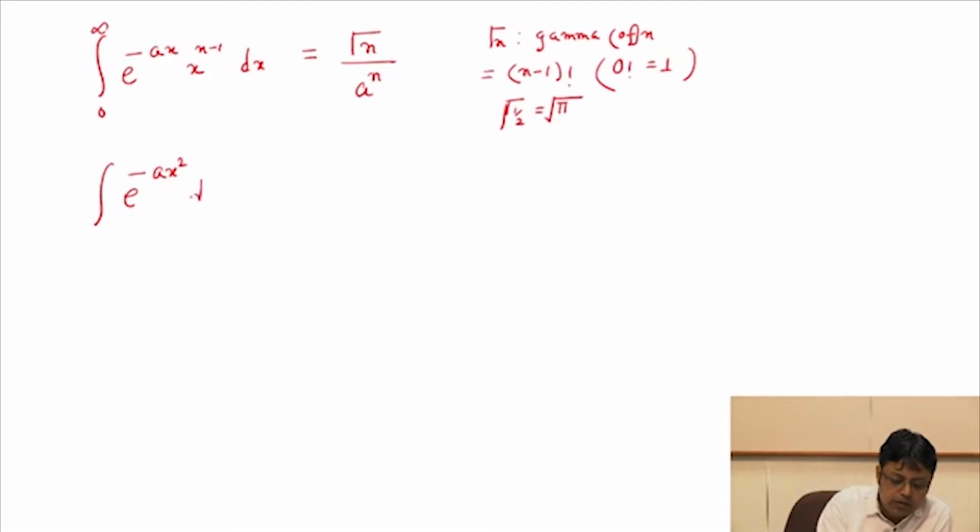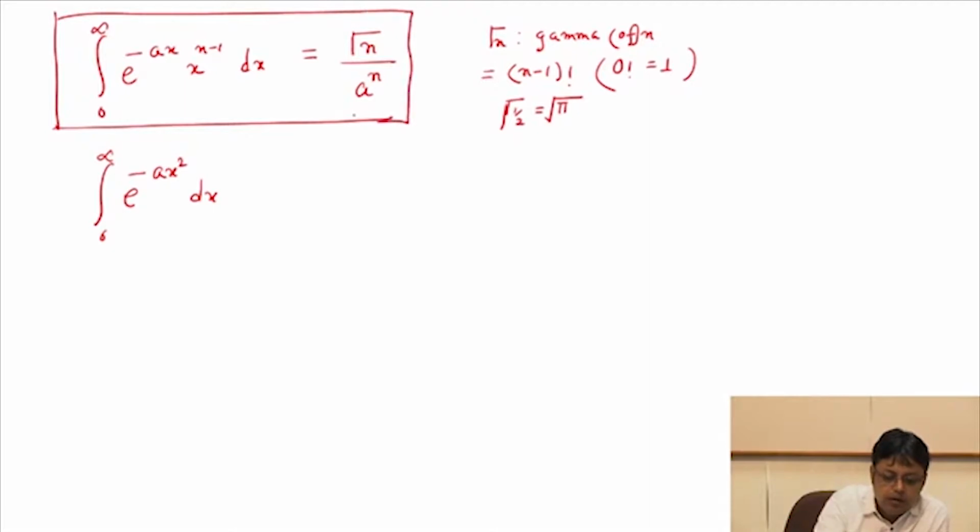Let us first evaluate this one, e to the power minus a x square dx. What is the integral? Now what we have to do is write it in this integral form, then only we can directly put in the value. Now think about it, how to do it. First look at the exponent. What is the variable? The variable is x squared, not x. So here, instead of dx, I have to write d of x squared.